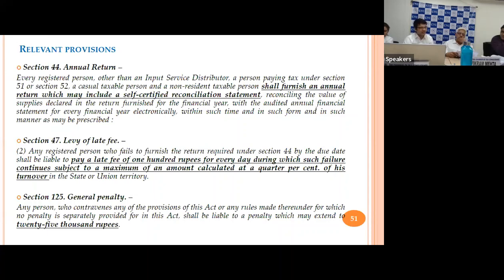Whether the late fee is a penalty, or just a fee for the delay. Penalty applies where you have contravened the provision. I am not contravening the provision. I have filed the form, only late, for which there is always a late fee. So there is no question of general penalty. Right, I agree. There will be no general penalty for that.